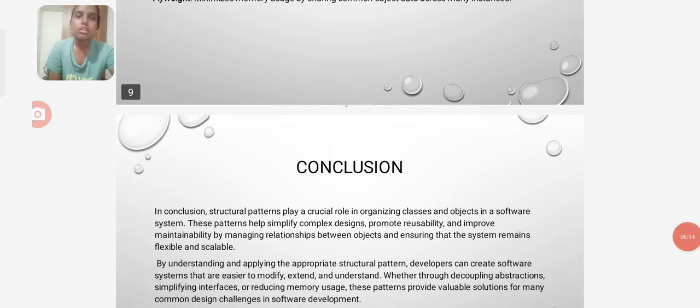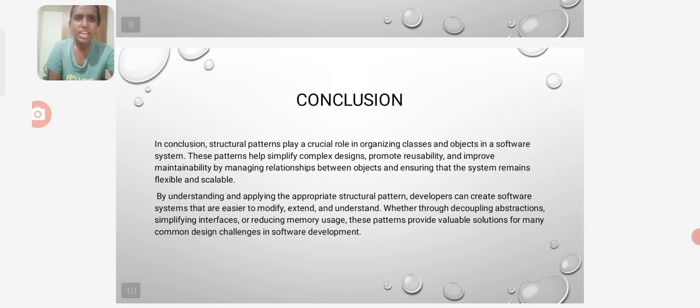Conclusion. In conclusion, structural patterns play a crucial role in organizing classes and objects in a software system. These patterns help simplify complex designs, promote reusability, and improve maintainability by managing the relationships between objects and ensuring that the system remains flexible and scalable.